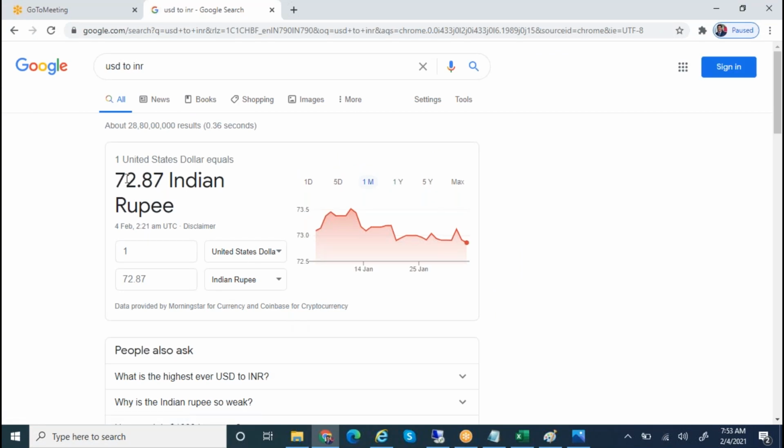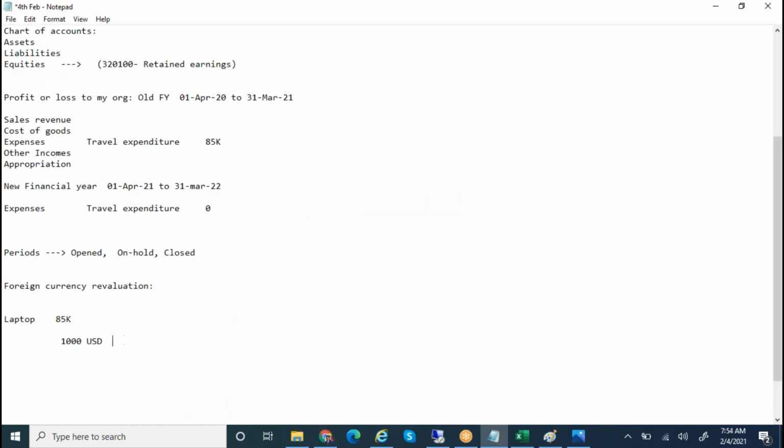It is 72 rupees 87 paisa. That means if I invest 72,870 rupees, I'm getting this laptop. Rounding it to 73,000 for easy calculation.